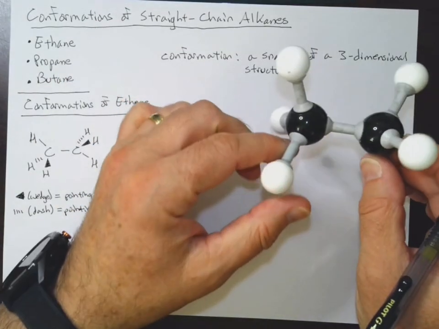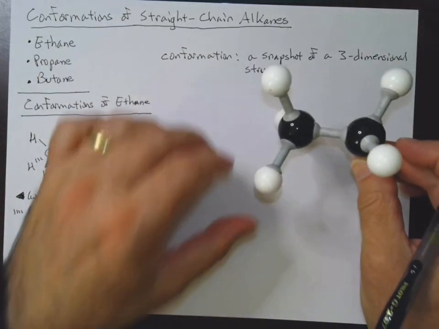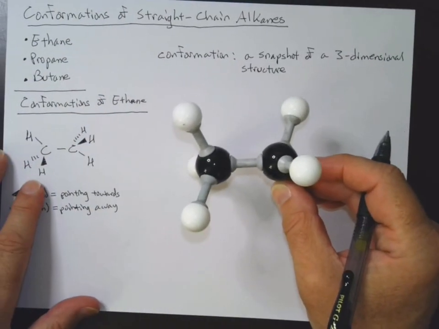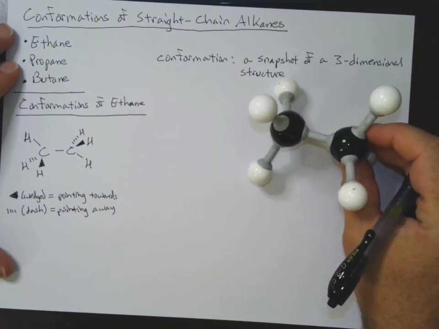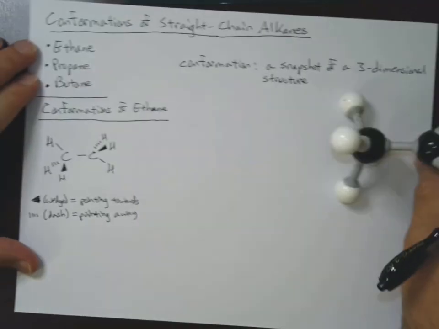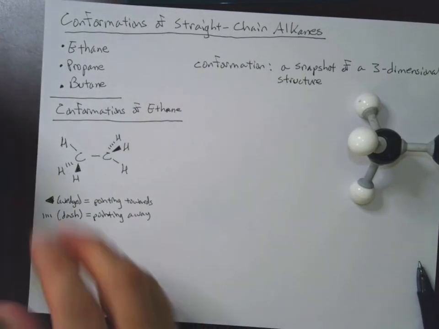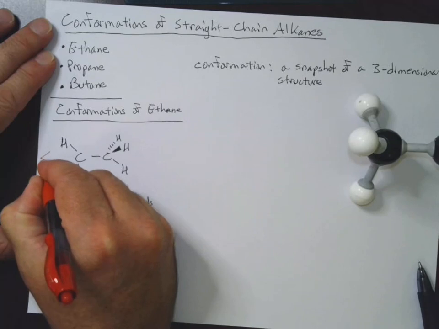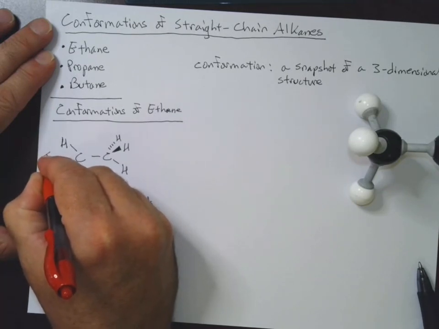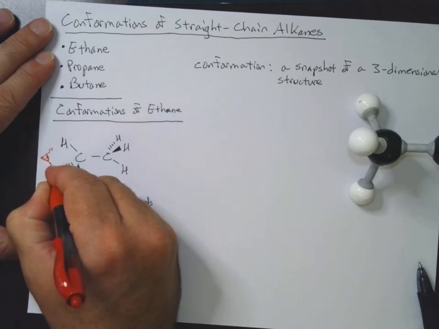I could have a model, and I can play around with the model. So let's take this structure, and I'm going to actually look down one end of the model. So I'm going to take my eyeball here, and here is my eyeball. Give it some eyelashes.